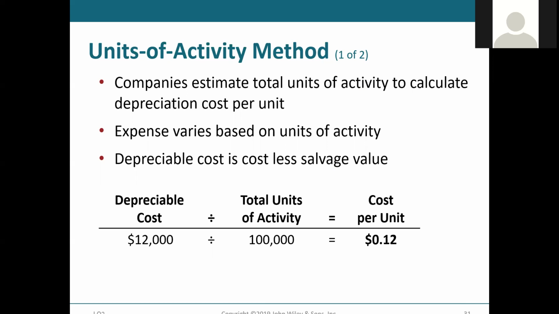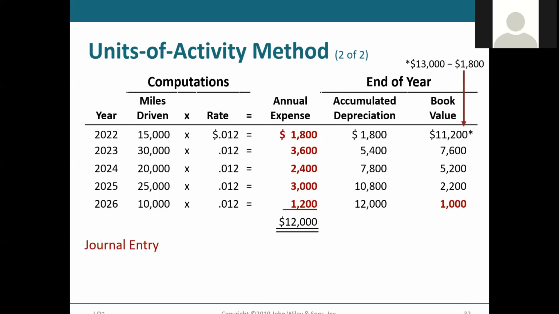So we have an item here. We bought something for 12,000 and it's going to give us 100,000 units of activity. That's 12 cents per unit of activity. Now they have to give you the actual numbers. The actual miles driven in 2022 was 15,000. The actual in the next year was 30, etc. You multiply it out and that becomes your depreciation expense.